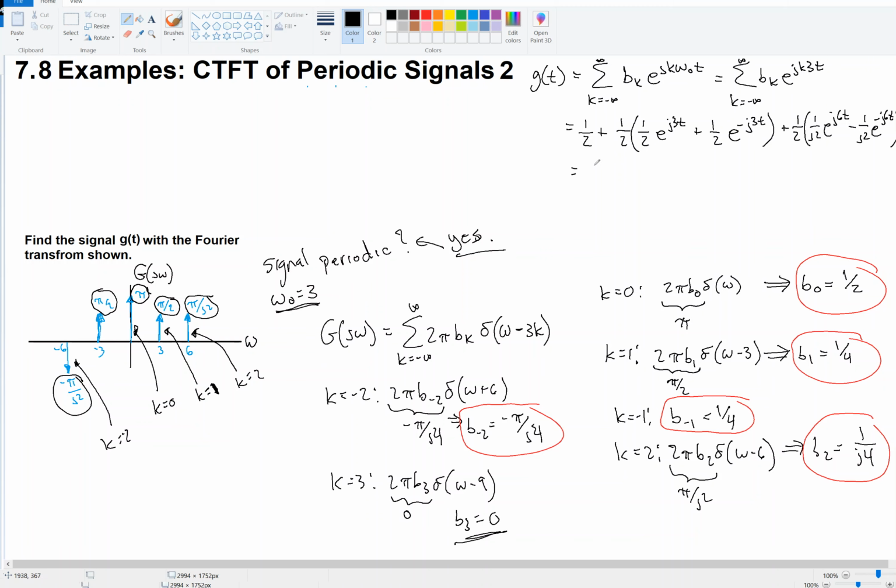And again, why did I write it like that? Because this is now 1/2 cosine of 3t plus 1/2 sine of 6t. Awesome. That's the signal. So that's pretty cool, right?